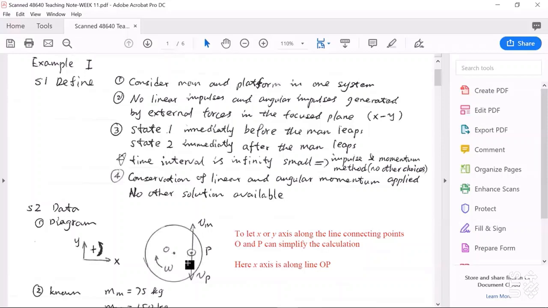When we talk about external forces, there should be weight force on this platform and weight force on this man, but they are perpendicular to this XY plane, so it's not necessary to consider them.